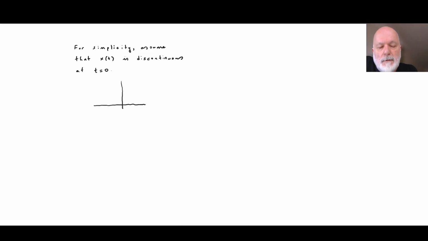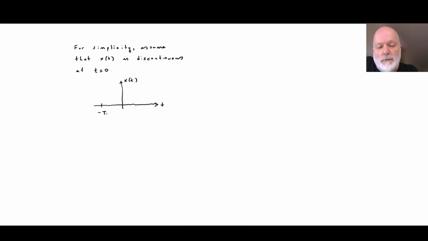So, for simplicity, assume that x of t is discontinuous at t equal to 0. So we have the following graph. We have x of t.